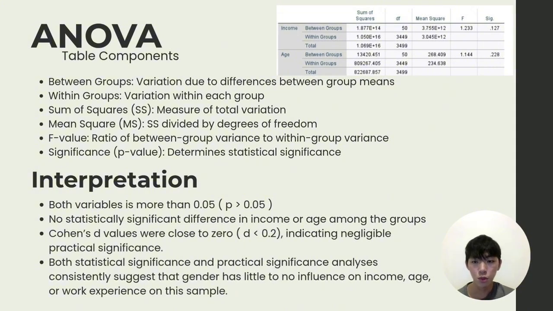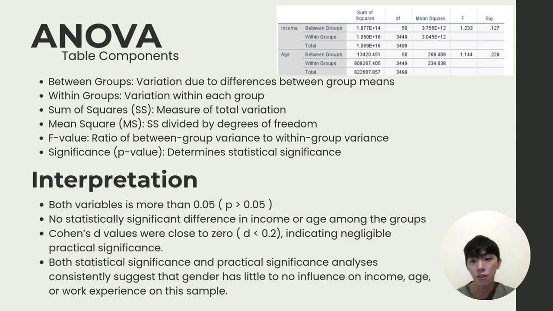Based on the ANOVA table, the null hypotheses are not rejected as the p-value for both variables is more than 0.05, which means p is bigger than 0.05. Therefore, there is no statistically significant difference in income or age among the groups.